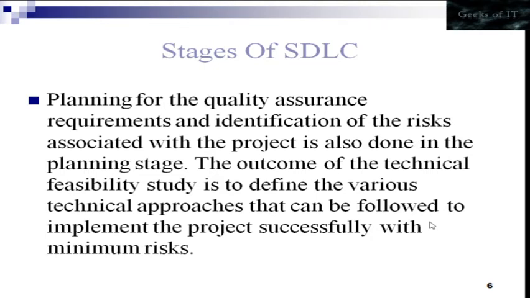All these activities are performed in the first stage of the system development life cycle, and the outcome of technical feasibility study is to define the various technical approaches that can be followed to implement the project successfully with minimum risks. And shortly, you can say that in the first stage, the main activity that is performed is to gather the requirements from the users.